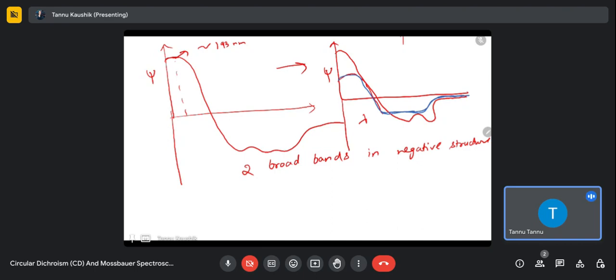So by deconvoluting a CD spectra, where we are getting a mixture of bands, we can say that there are different amounts of alpha helix structure or beta sheet structure. So here we can say a mixture of alpha helix and beta sheet structure is present in the protein sample.